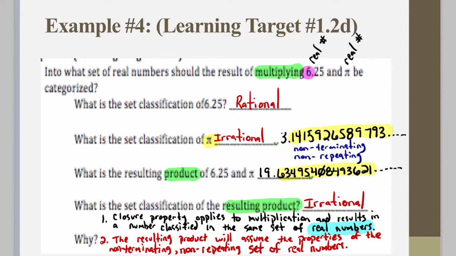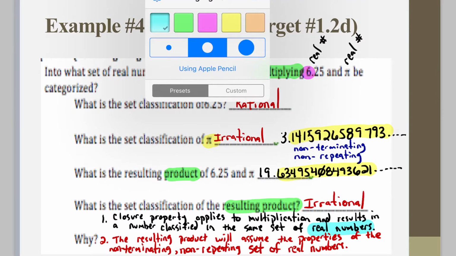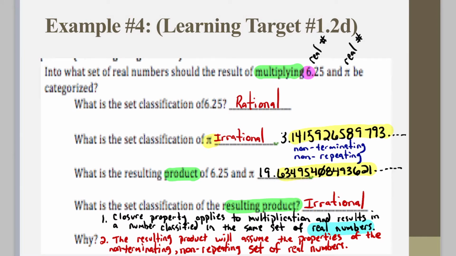And once we consider why this might be, when we think about attempting to multiply a number that terminates or repeats, and in this case, we will work with the 6.25.